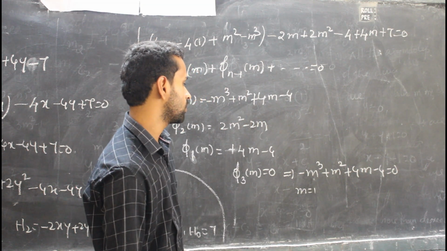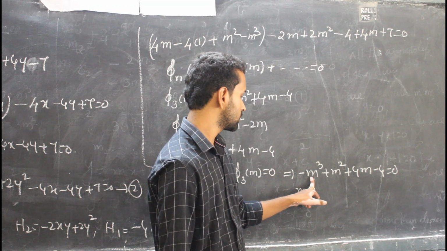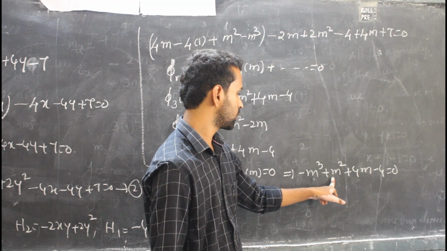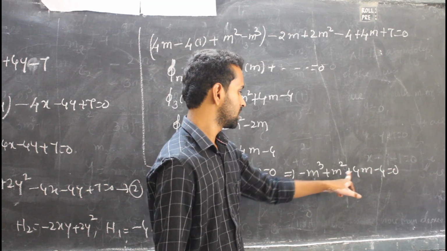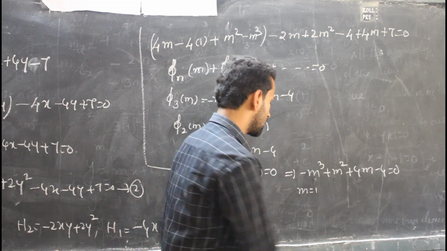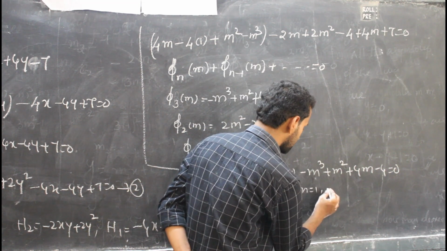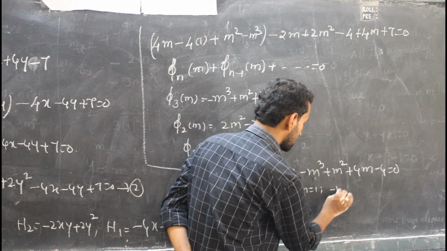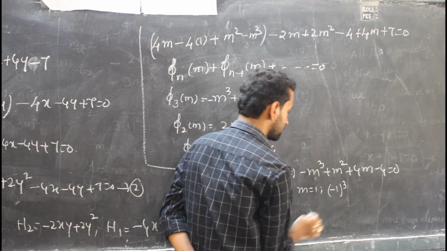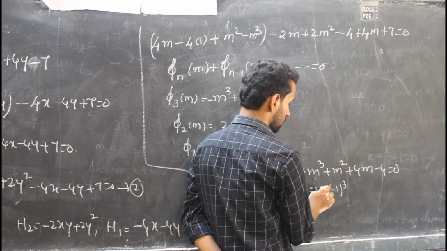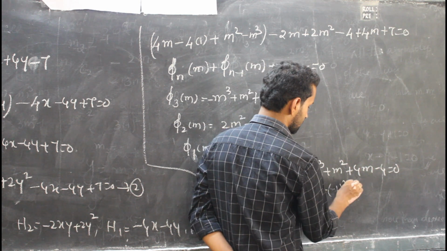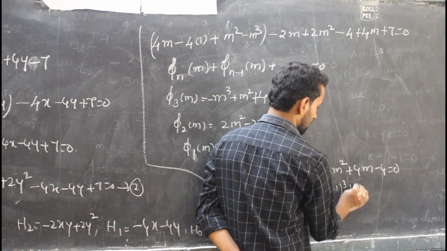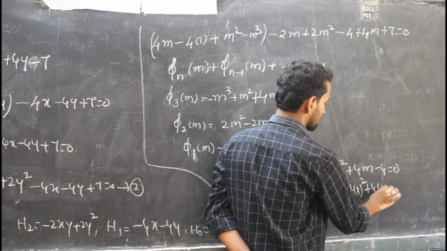Once I replace m equal to 1, what will be there? Minus 1 plus 1 plus 4 minus 4, that becomes 0. Look at it, LHS will be same as RHS, right? So minus 1 cube plus 1 square plus 4 into 1 minus 4.